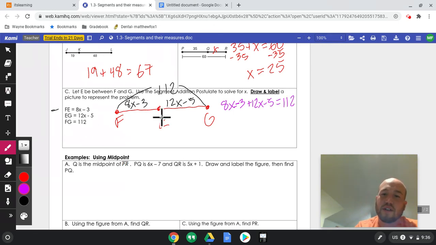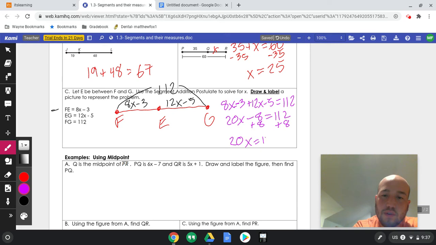Now we need to combine our like terms, so the x's go together. 8 plus 12 gives us 20x. And then negative 3 and negative 5 gives us negative 8. And all that equals 112. Let's add the 8 over, and we get 20x equals 120.